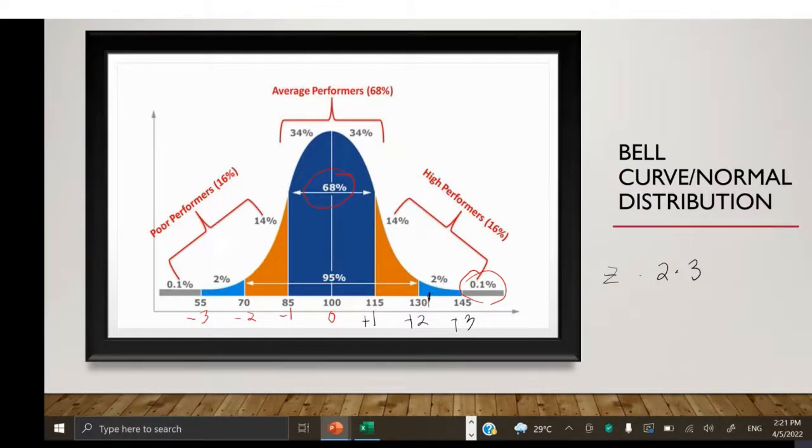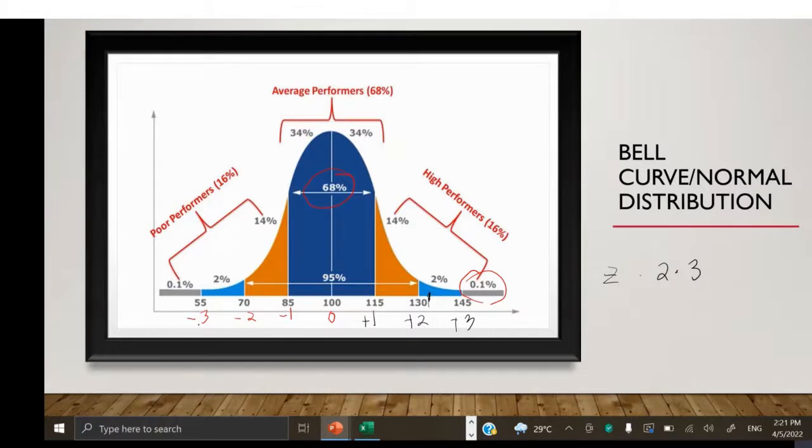And so also are the poor performers. There are people, 2%, who are below 2 standard deviation. And there are only 0.1%, not even 1%, below the -3.